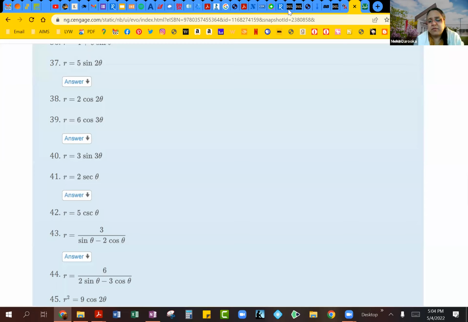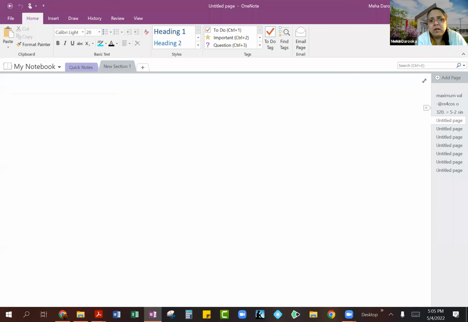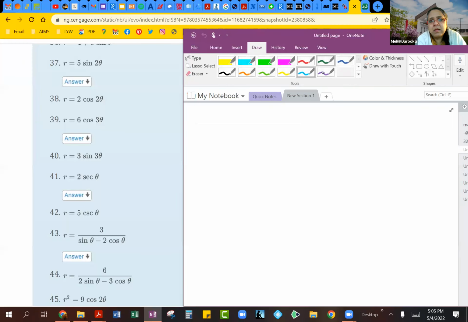Okay, let's look at one of those rose petal type of examples. So for this one, we are looking at number 40. So this guy is R equals 3 times sine 3 theta.